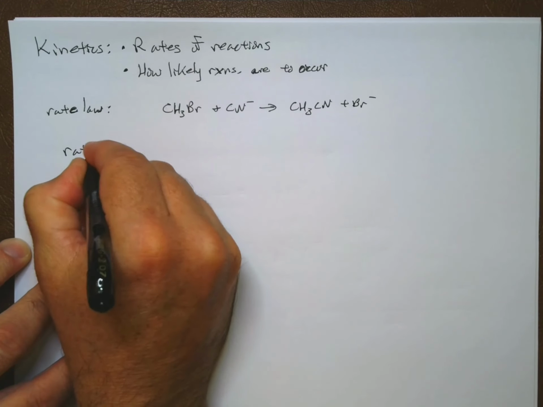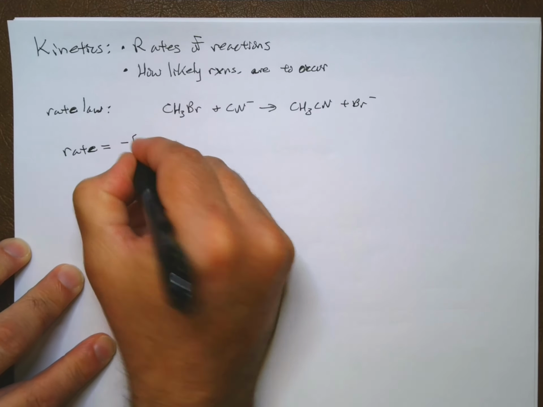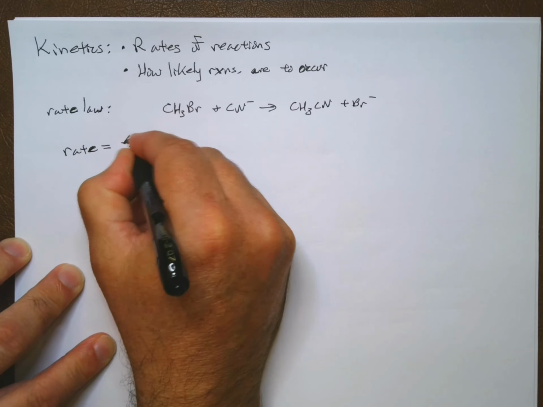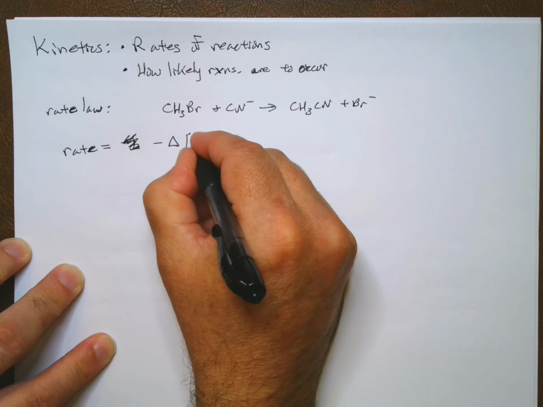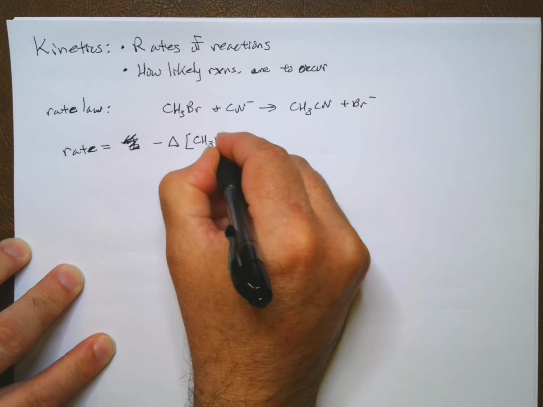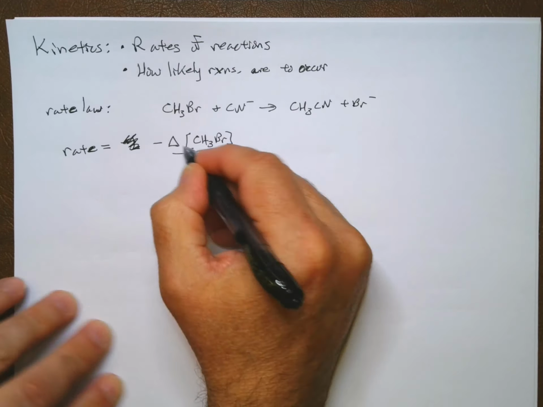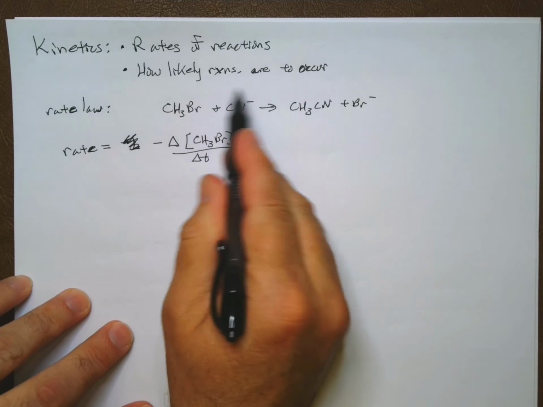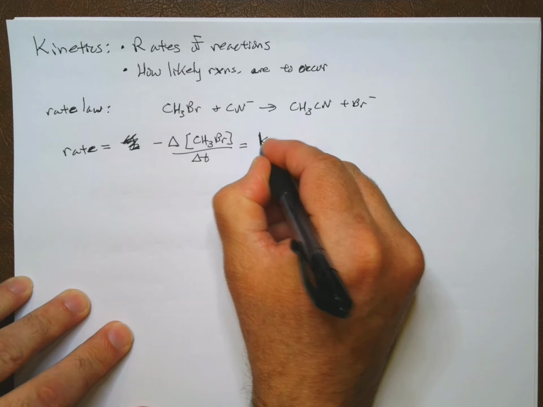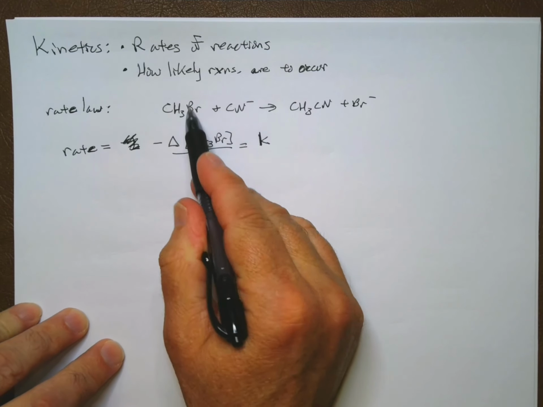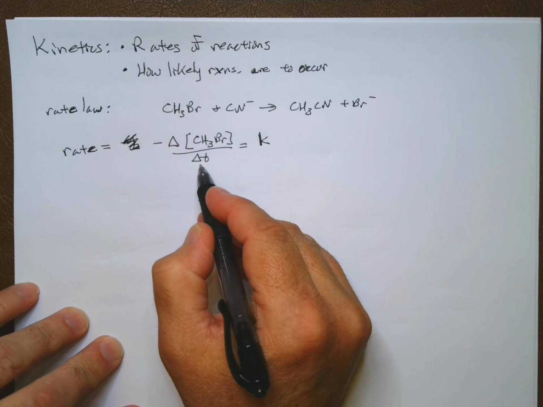Our rate, which is going to be defined as minus delta CH3Br over delta T. So I put a minus here because we're going to be losing it. So it's going to be the change in concentration of, in this case, bromomethane with respect to time.